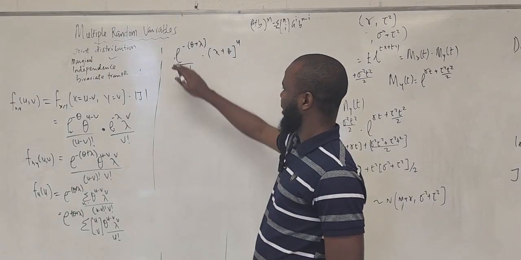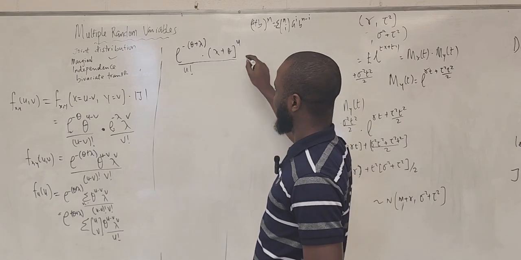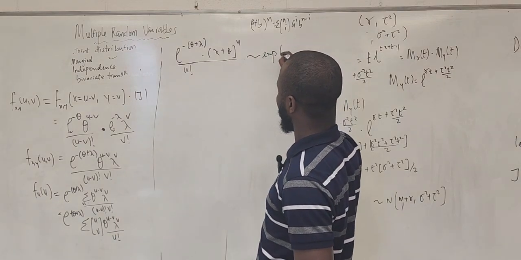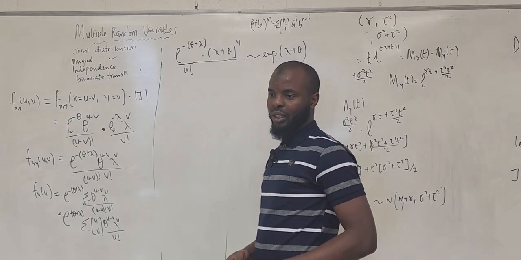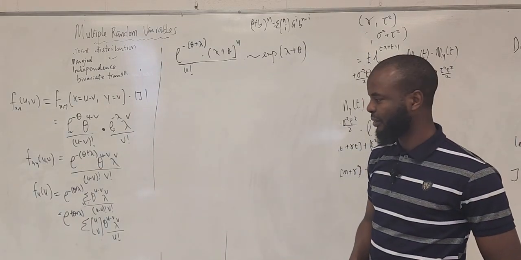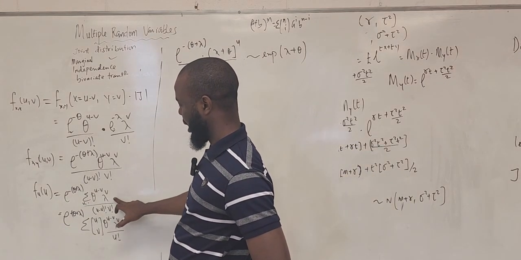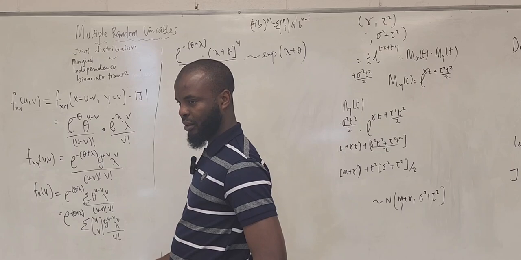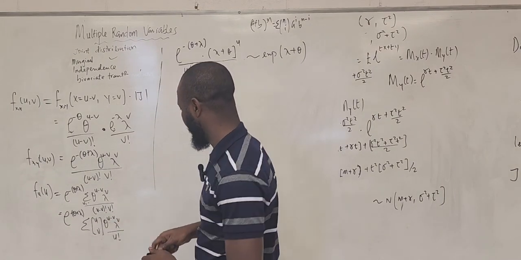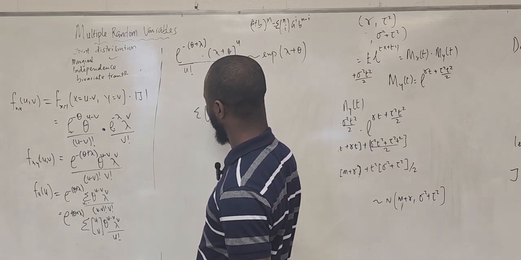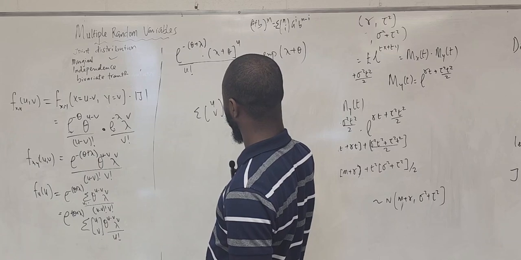Now look at this. Exponential this, to the power of u, over u factorial. What does it form? Exponential lambda plus theta. How did I get this? From here to here, I put this out, so I have the summation of u combination v, theta to the power of v, to the power of u minus v.